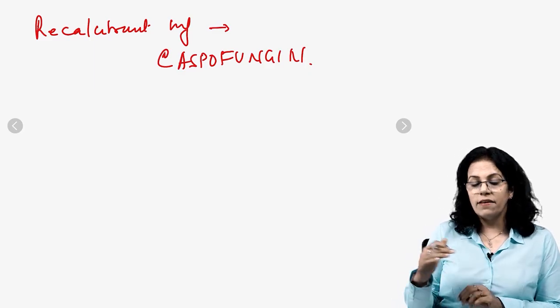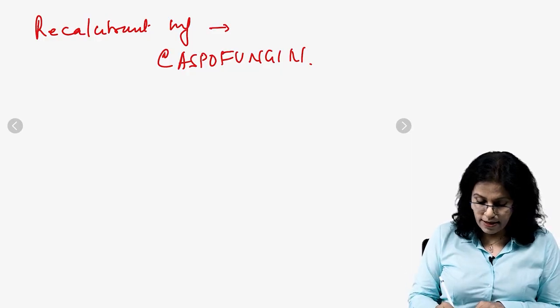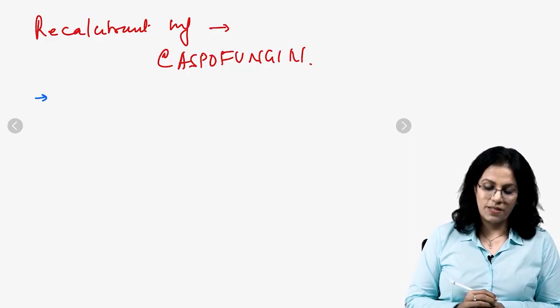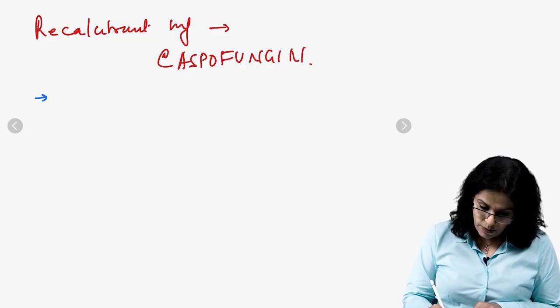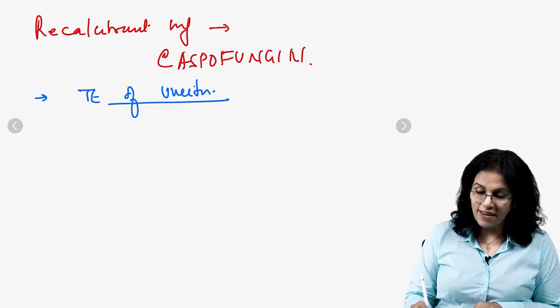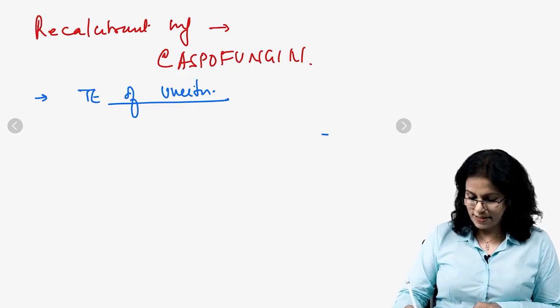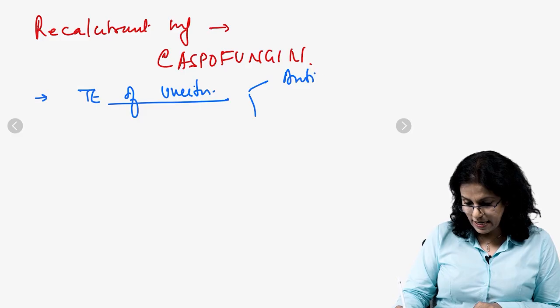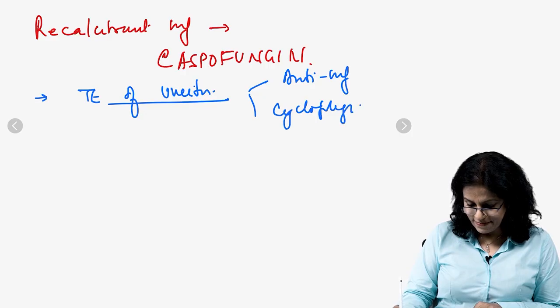So that was your antifungals. What else? Isn't there an associated uveitis? Yes. So please note down, you are going to treat the uveitis. We will start with anti-inflammatory and we are going to give cycloplegics. What else?